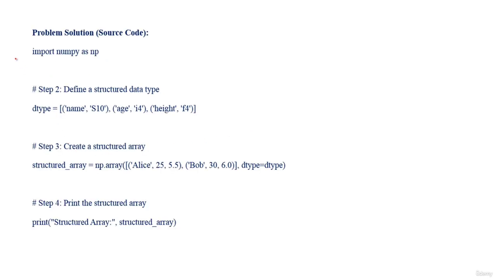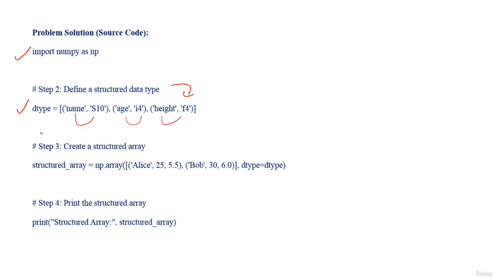This is the solution, importing NumPy. This is actually a structured array. You can see key, value, key, value, key, value. So I have created a structured array, and the data types are also defined here. In the last step, you can see we print the structured array.